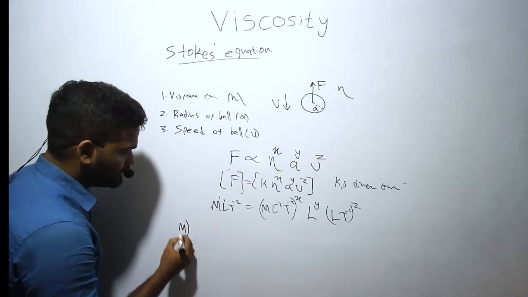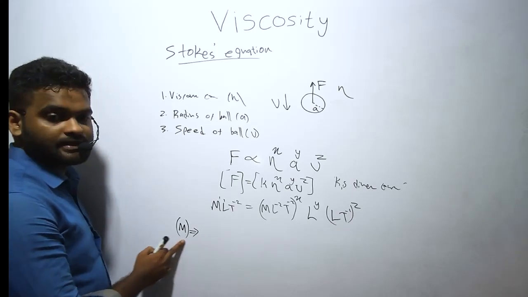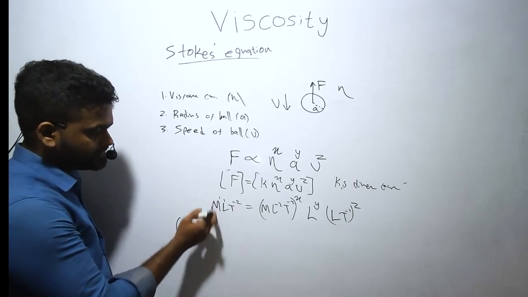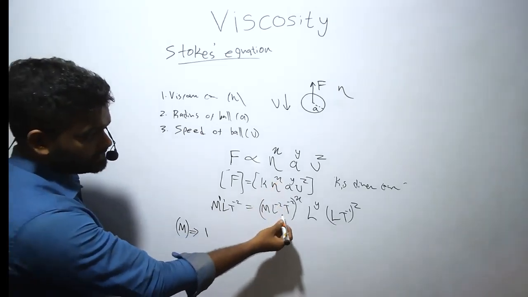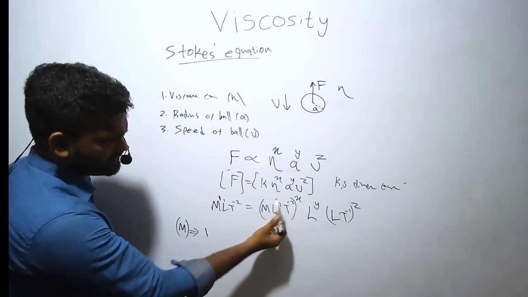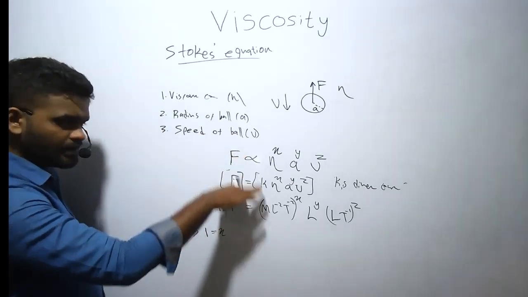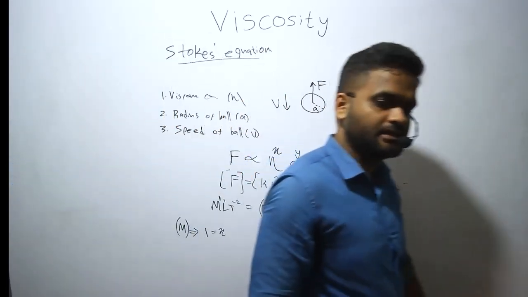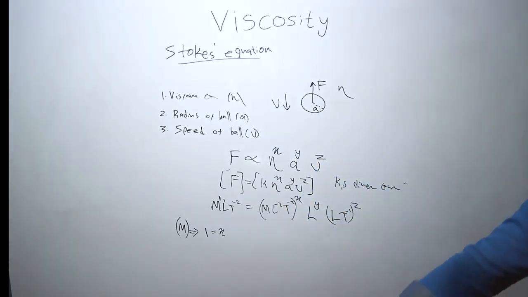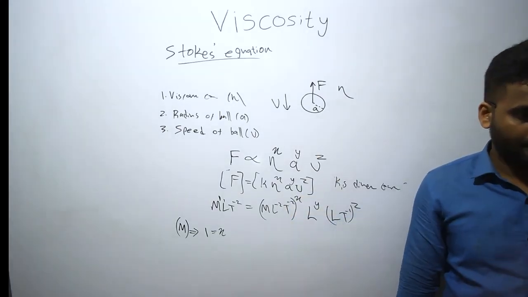Then we need to get the powers when it comes to M. This side has M, that is 1. Take this down and find x, y, and z. And let me know. It is somewhat easy, right?